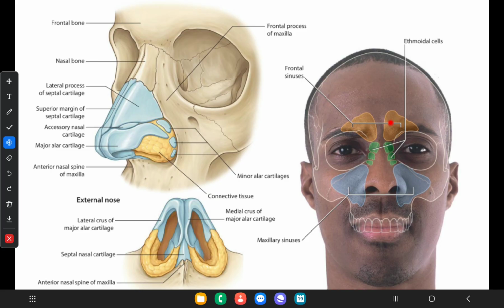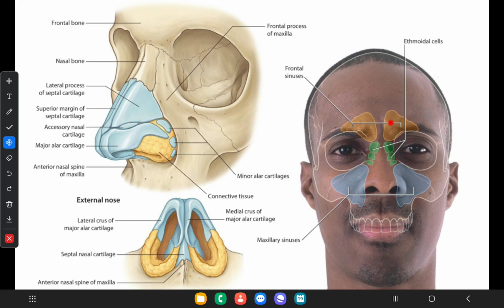Developmentally, the sinuses are extensions of the nasal cavity. So, they are lined with thin pseudostratified ciliated columnar epithelium, and they also contain goblet cells. Secretions of goblet cells are drained through the openings of the sinuses into the nasal cavity.